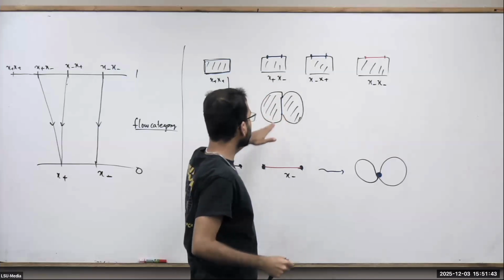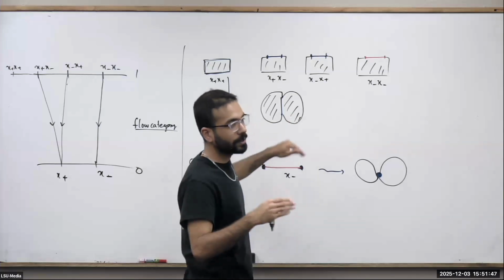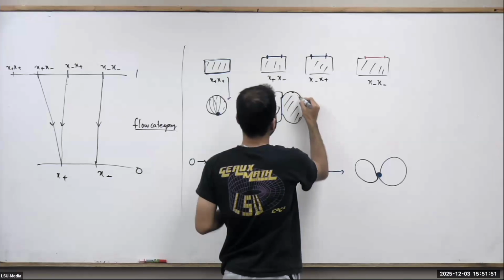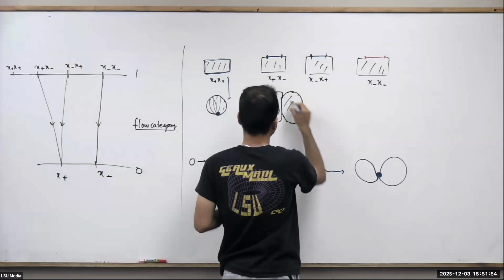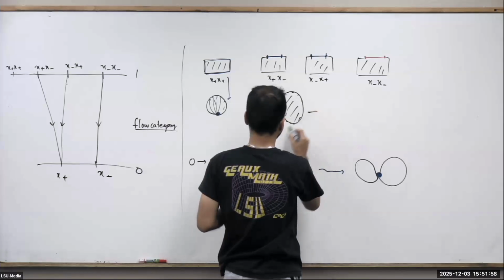Now the idea is we attach everything to the boundary, the boundary of this guy to a point. Again, the boundary is getting mapped to a point. This entire boundary is getting mapped to a point. That will give you this picture.